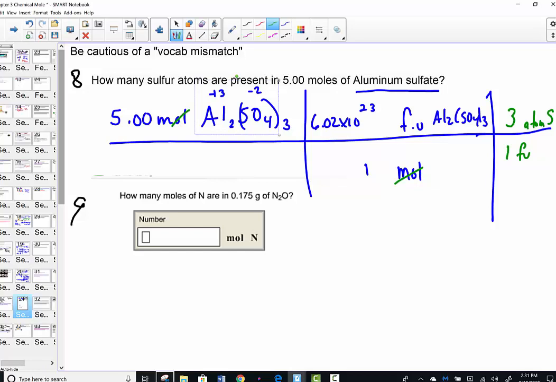How about something like 9.03 times 10 to the 24th? Yay for me. Pause with your neighbor and just make them describe to you, just check in with one another. How did we know there were 2 conversions in that one instead of 1 that we've been practicing so far?